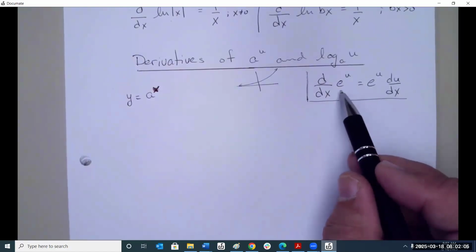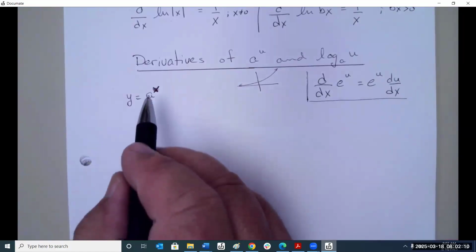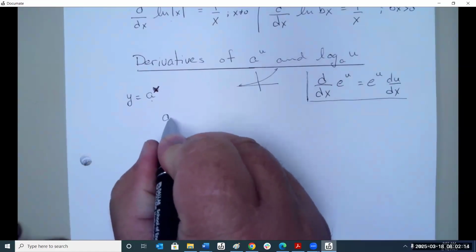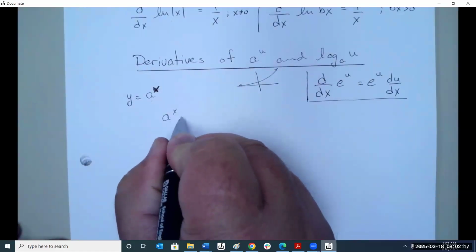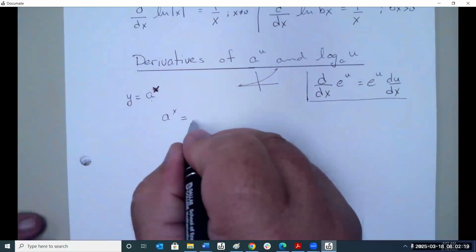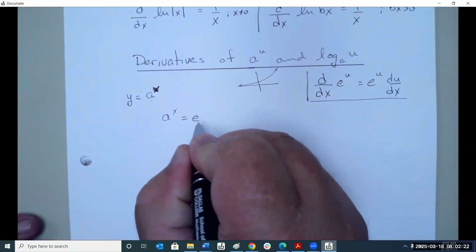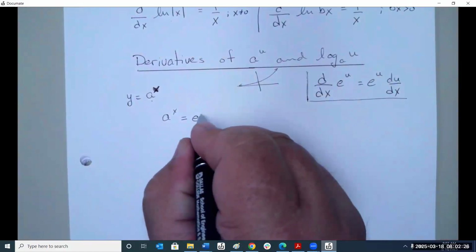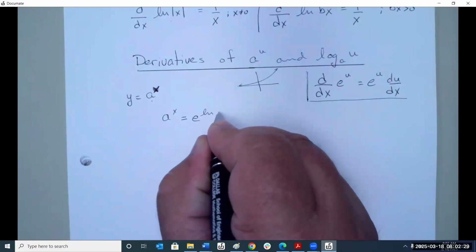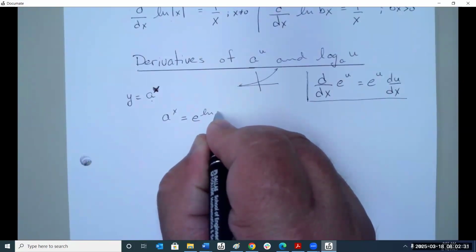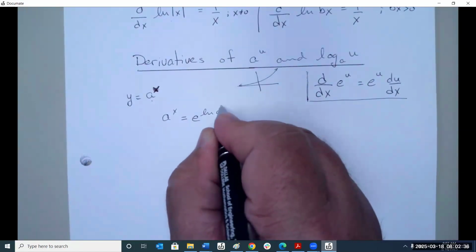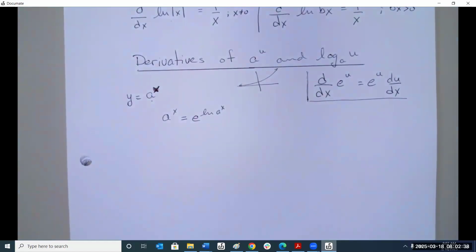Since we've talked about the derivative of the e function, we can rewrite a to the power x as e to the power ln a to the x.